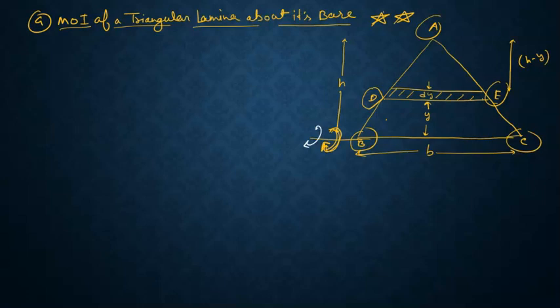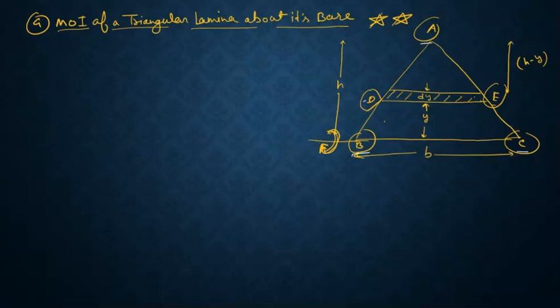And here in this case also, the first step is finding the element. We have taken a strip element along the direction of y, and we will integrate this element from 0 to h along this axis of rotation.